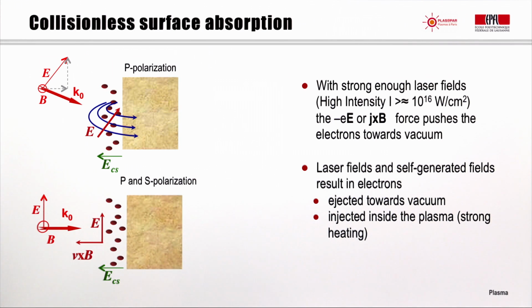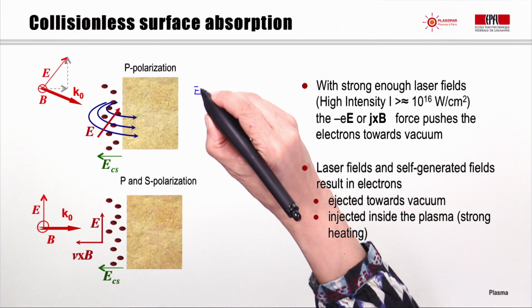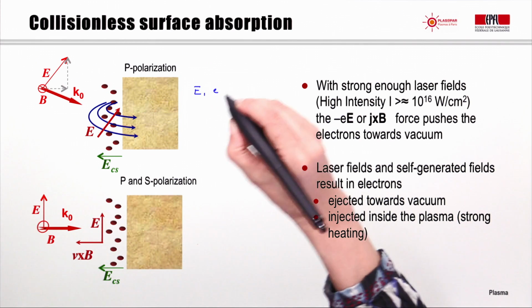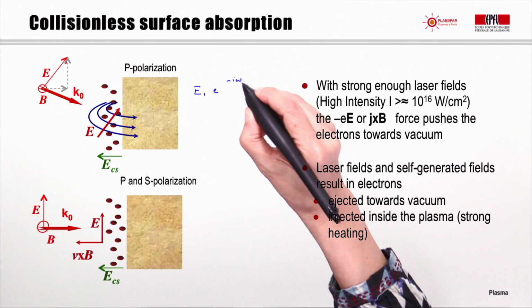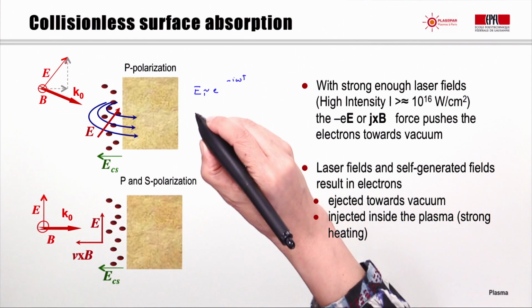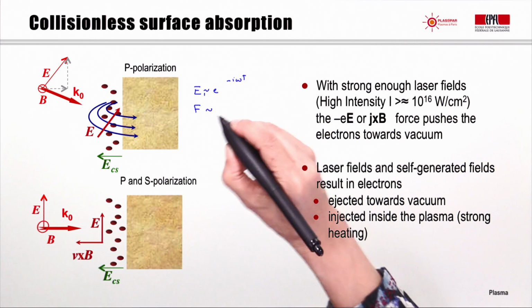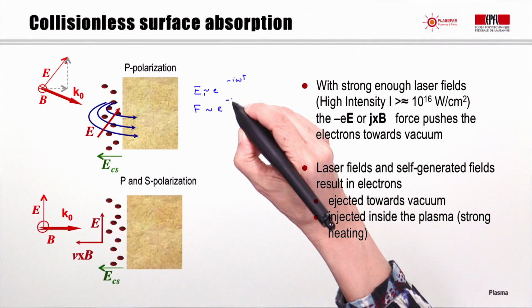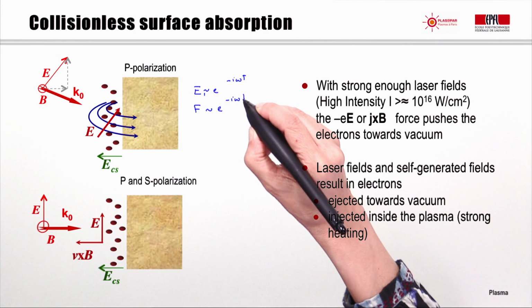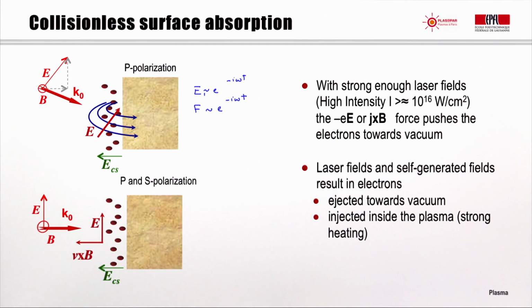In the first case, the movement of the electrons is related to the Z component of the electric field, that is proportional to the exponential of minus i omega t. This means that also the force that is felt by the electron will have frequency equal to the laser frequency.